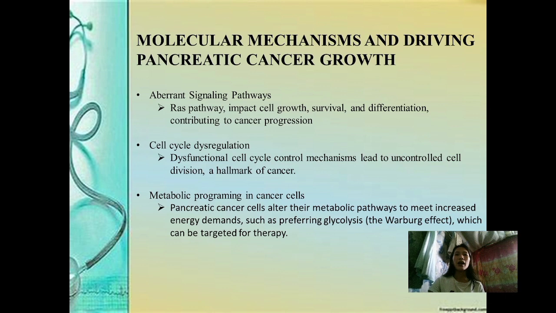Number 3, we have the metabolic reprogramming in cancer cells. Pancreatic cancer cells have unique metabolic needs due to their rapid growth and proliferation. They often adapt their metabolic pathways to meet this increased energy demand. One prominent alteration is a preference for glycolysis, a process where glucose is metabolized to produce energy.